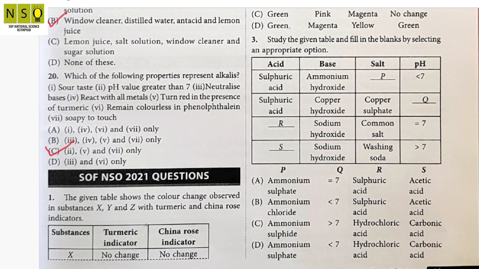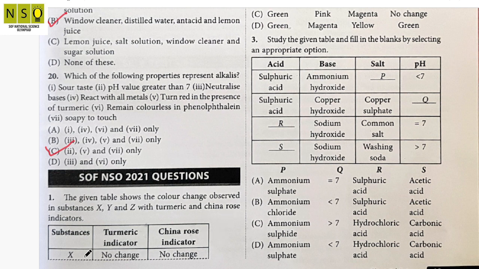Now we will move to the 2021 question papers. The next question is question number 1. The given table, there is again a table. It shows the color change with the X, Y, Z substances with turmeric and China rose indicator.